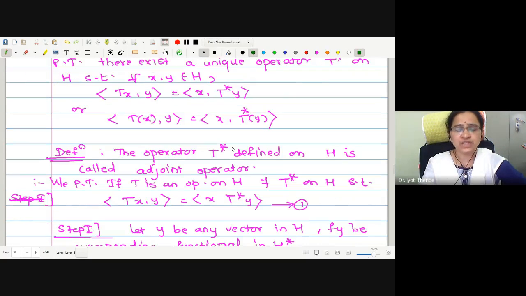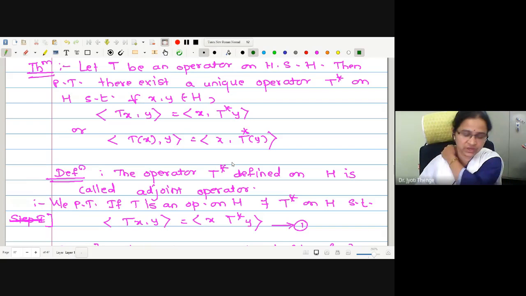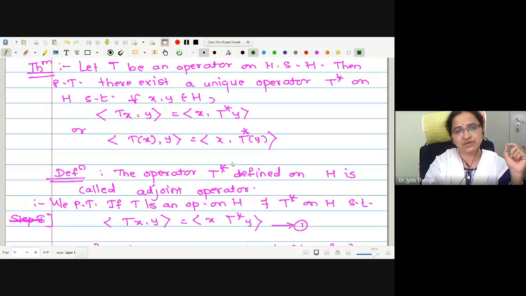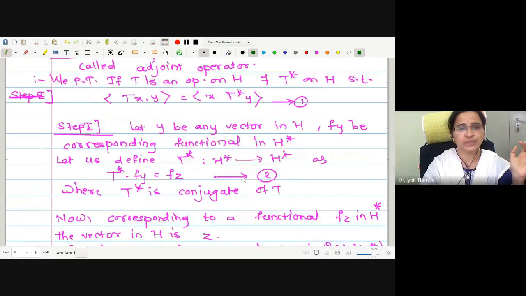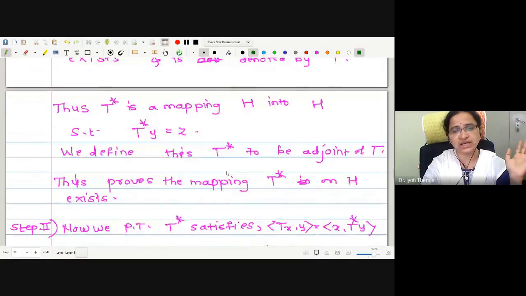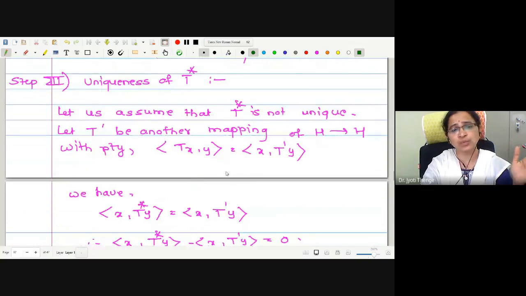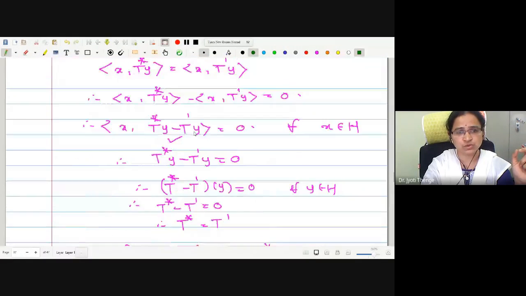Whatever T star is being defined is called an adjoint operator. One thing we have to keep in mind is that whenever it is defined on H star, it will be a conjugate operator, and whenever it is defined on H, it will be an adjoint operator. We have proved stepwise how this exists and that the operator is unique.